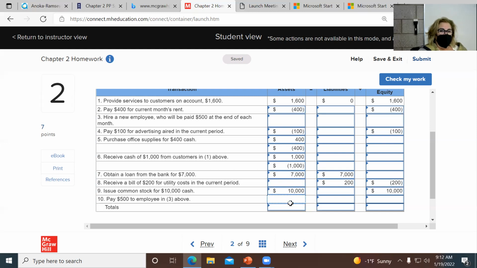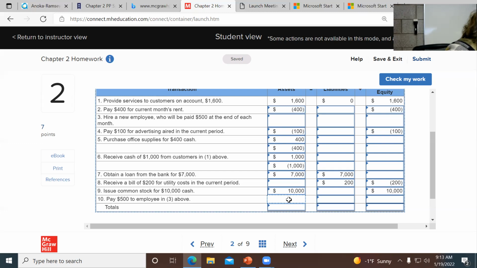Now, number 10. When we pay $500 to employee in number 3 above, what are we doing here? Okay, think about it. When we pay, what do we do? Cash. Guys, that's what I always do.